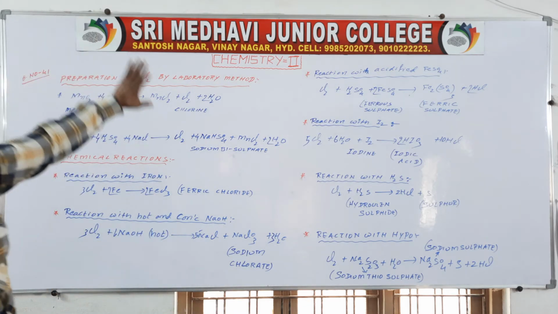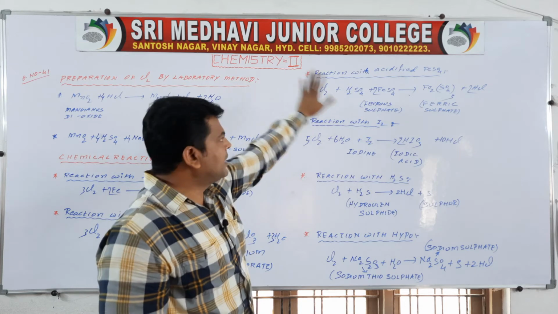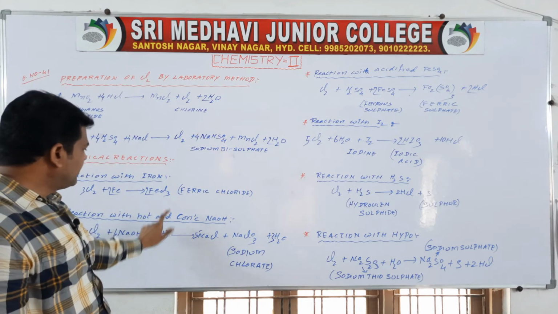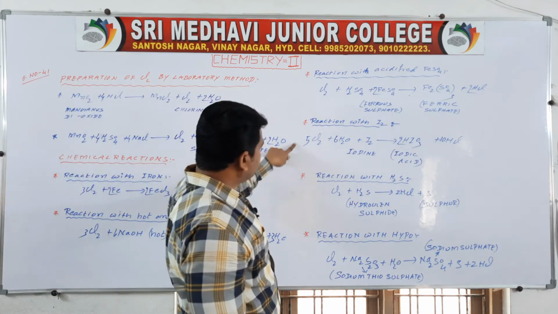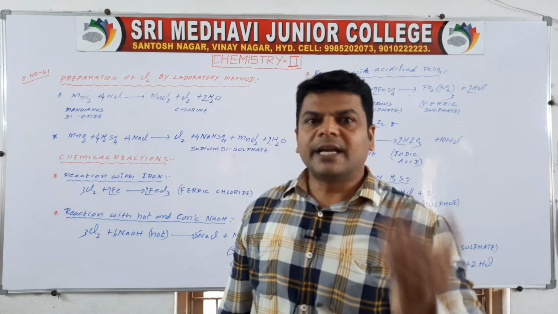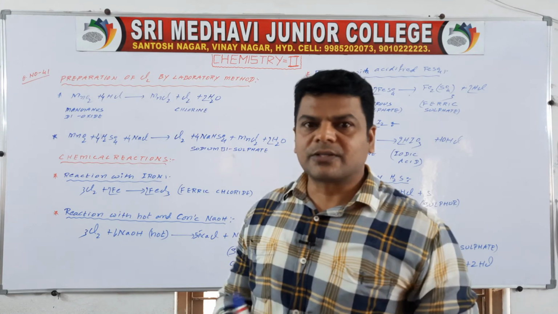So this is the preparation of chlorine by the laboratory method and its chemical reactions. 1, 2, 3, 4, 5, 6, 7, 8. 2 reactions for 2 marks, 6 chemical reactions for 6 marks. Total 8 marks question.